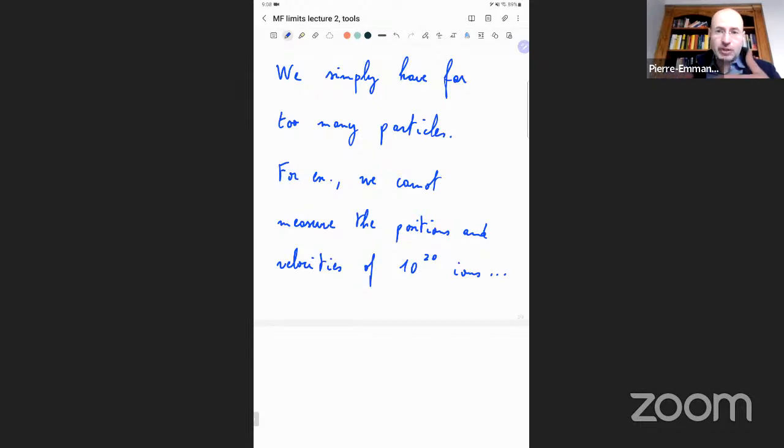And measuring a position and a velocity, you need a 3-dimensional vector for each. So it's dimension 6, so it's probably something like 20, 30 bytes at least for each particle, times 10 to the 20. So it's probably like 1 billion terabytes or something like that. So this is just not doable.